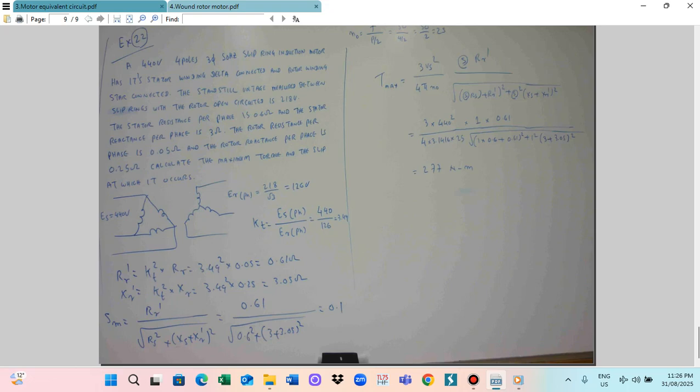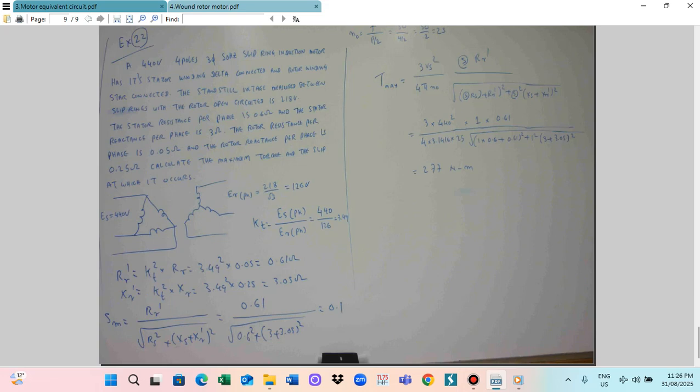The R dash formula is KT square multiplied with RR, so this is rotor resistance multiplied with the turn ratio square. You get the rotor resistance referred to the stator side. So this is equal to 3.49 square multiply 0.05, so you get 0.61.